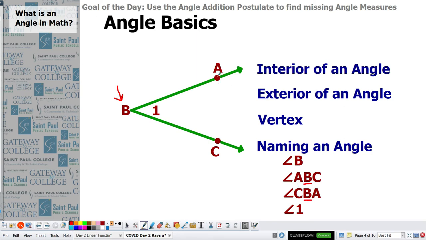So you start at one of the ends and you basically trace the angle: A, B, C, or C, B, A. And lastly, sometimes they'll put a little number inside the angle, and they will call it angle 1. So those are the different ways to name an angle.